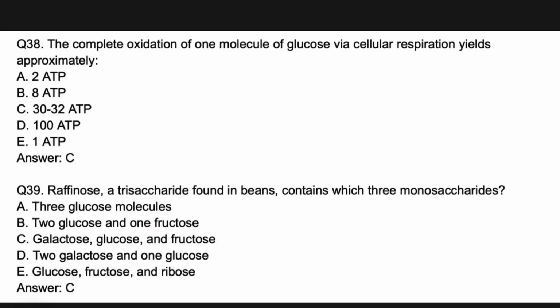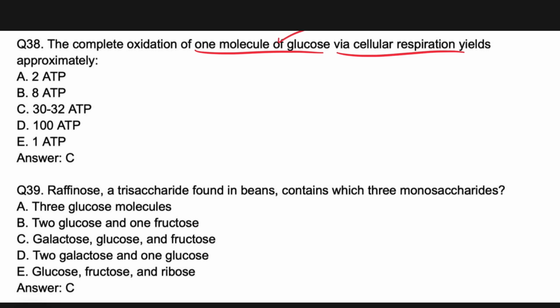Okay, let's talk about how many molecules of ATP are going to be produced by using one molecule of glucose via cellular respiration. Cellular respiration is a catabolic process in which you break down one molecule of glucose.